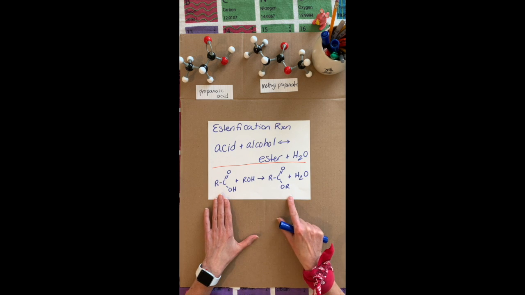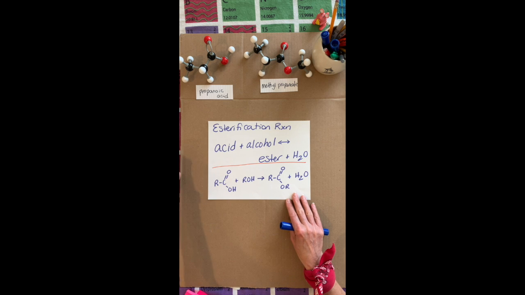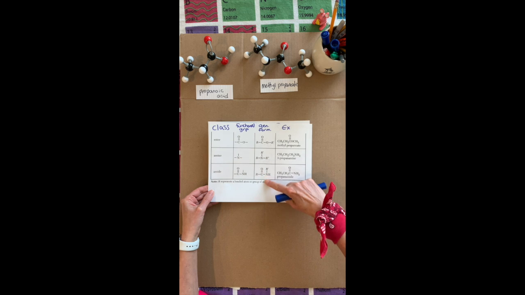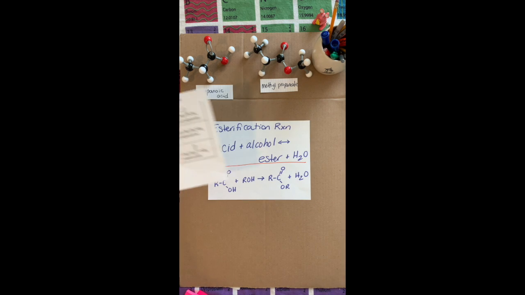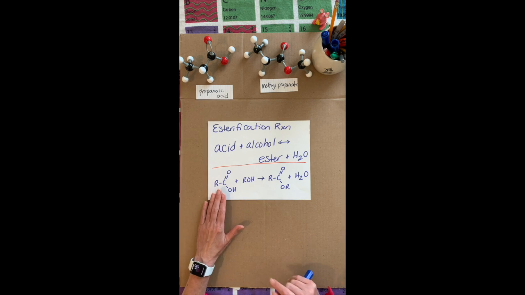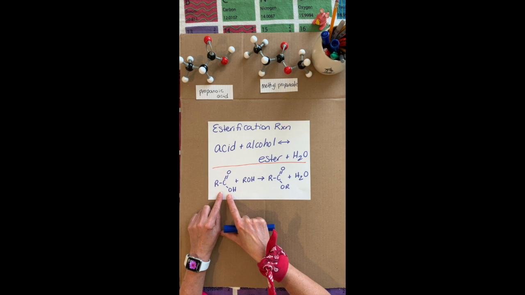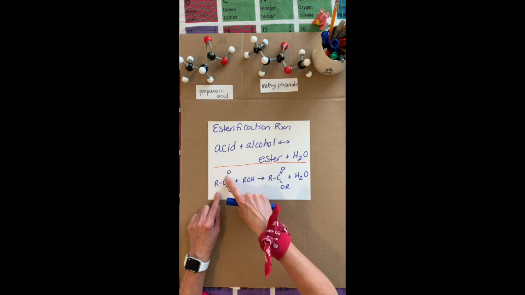You could also see it written with the general formulas. So again, table R is going to be very useful here because our general formulas are in that third column. Let's look. This is an acid, an organic acid. It's got the carboxyl group.